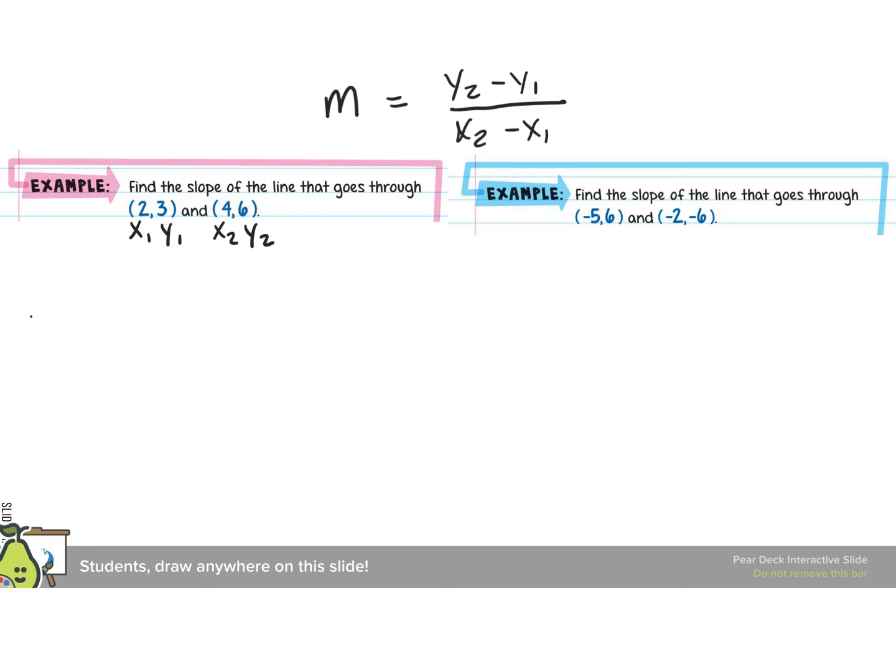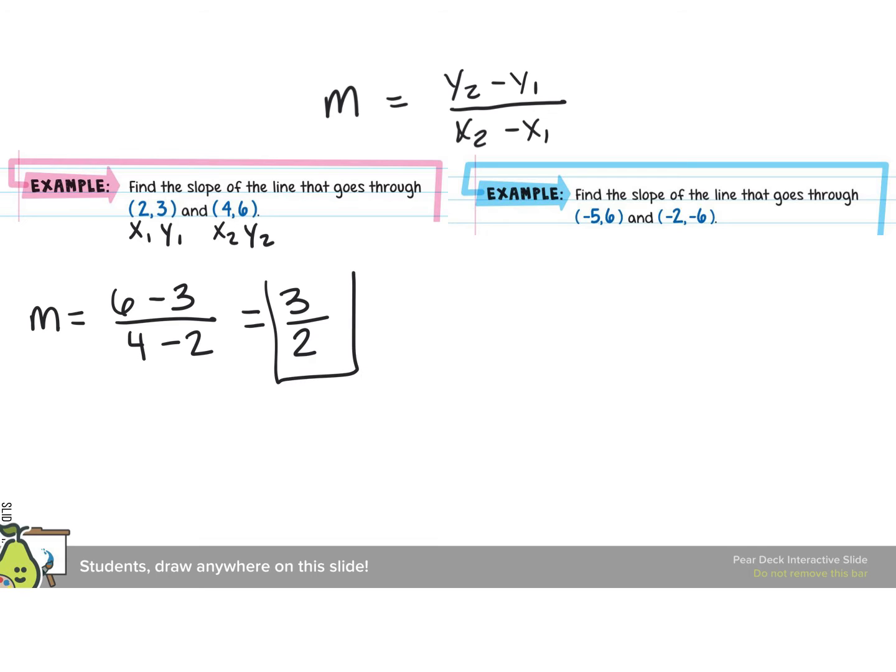And we just set up our ratio. So the second y is 6 minus the first y, that's 3, over second x is 4 minus the first x, that's 2. 6 minus 3 is 3. 4 minus 2 is 2. So this slope is 3/2. Always check and make sure you have simplified your fraction.